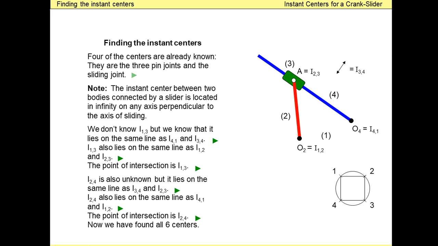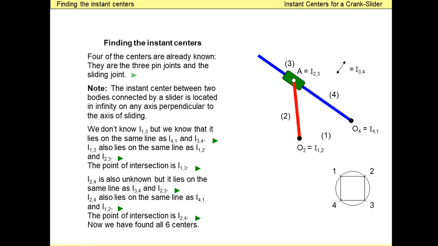Now this slider, which is in green color, has a sliding pair with respect to the blue color link. For this, the instantaneous center of link 3 and link 4 is at infinity, in the direction perpendicular to the link. So I34 is at infinity, perpendicular to the blue link.